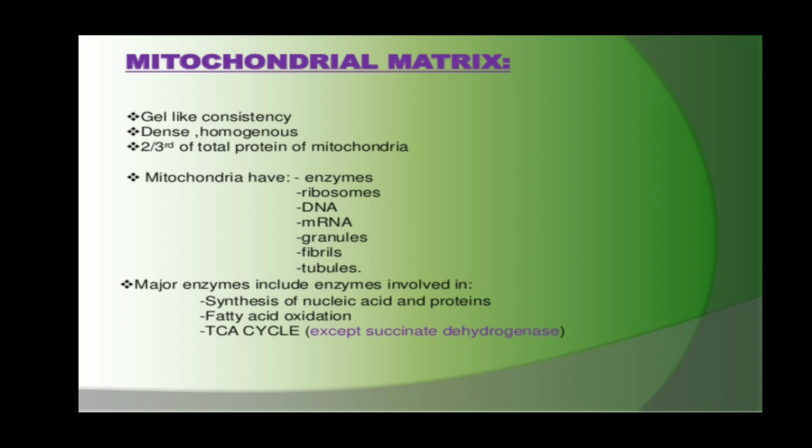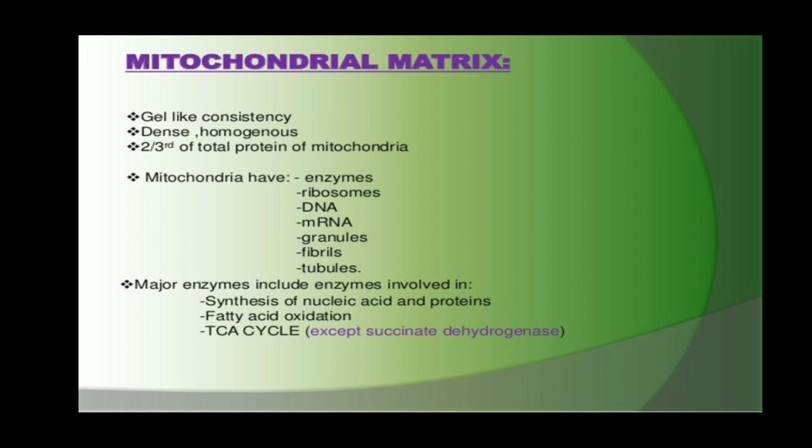The major enzymes include those involved in the synthesis of nucleic acid, that is DNA replication, as well as the transcription process where RNA gets synthesized, and protein synthesis, that is translation. The fatty acid oxidation enzymes also exist inside this matrix.